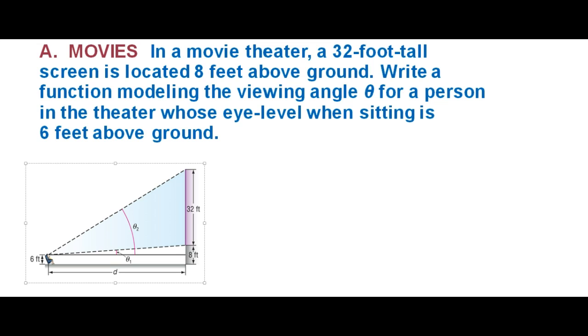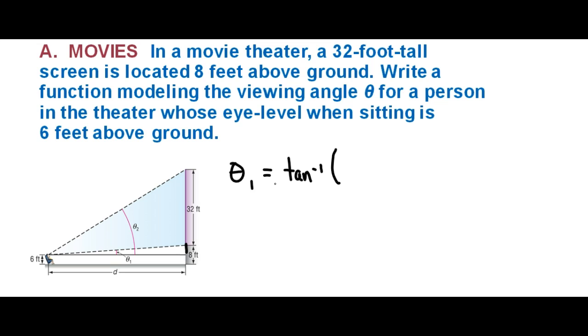So if we're trying to figure out what that theta is, theta 1 is going to be related to the inverse tangent, in that we know that tangent is opposite over adjacent. The opposite side would be this little chunk right here that's below 8 feet off the ground but above 6 feet.